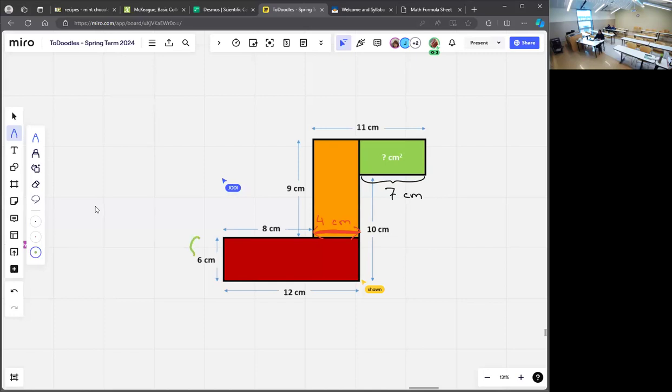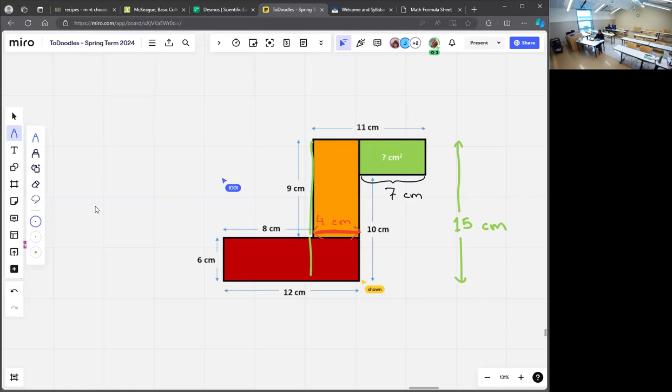This part is 6. This part is 9. So what's the height of the whole thing? 15, the 9 plus the 6. Everyone see that? That's 5.